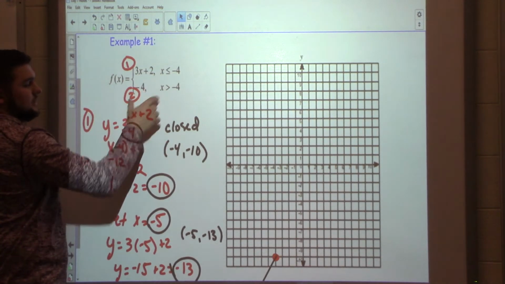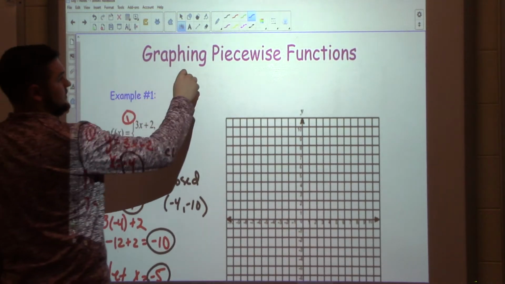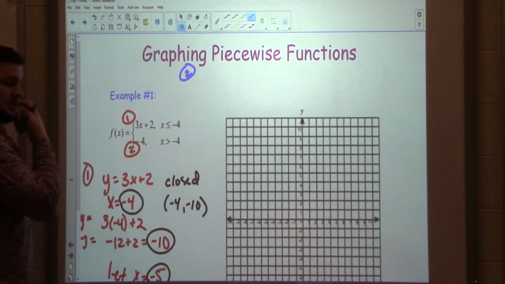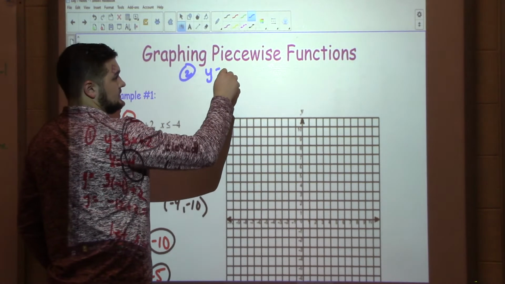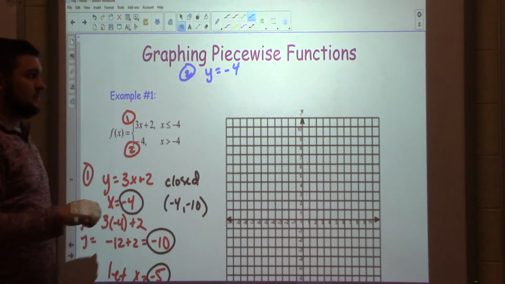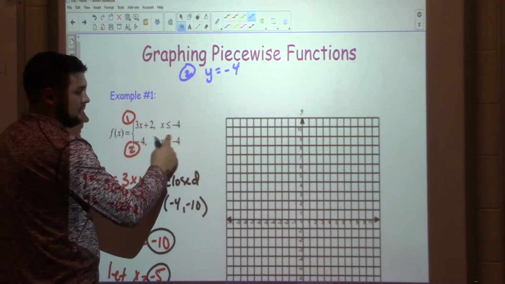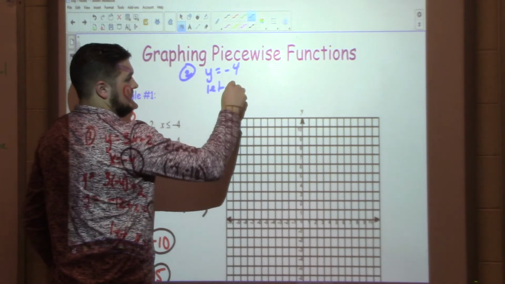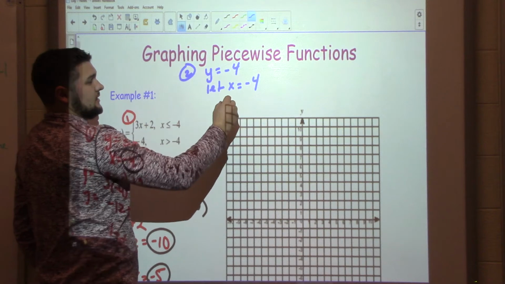Now I need to draw the second piece. I'm going to do that up top if I have room. I'm going to do the same thing. I have y equals -4. The first point I'm going to plot is my endpoint, which is also at -4. If I let x equal -4, I have nowhere to plug it in.